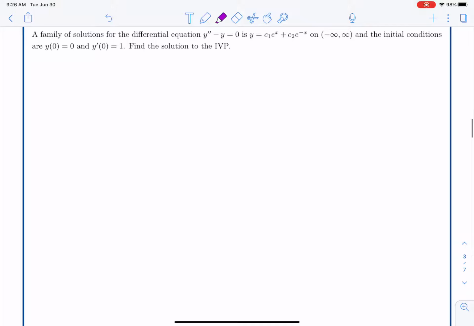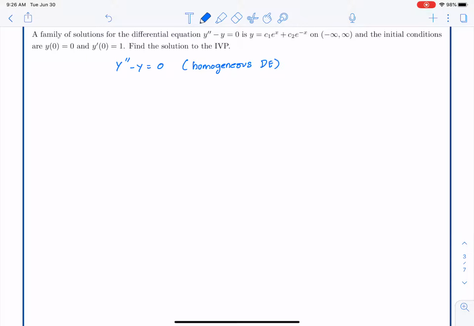So here we have a family of solutions. We should know what a family means, and we call it a family because if we change the values of c1 and c2, we're going to get a whole bunch of solutions. So all of these solutions together would form a family of solutions. So if we have a differential equation, y double prime minus y equals 0, obviously this is a homogeneous differential equation.